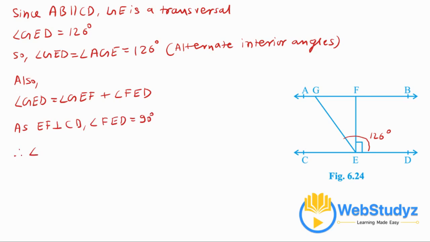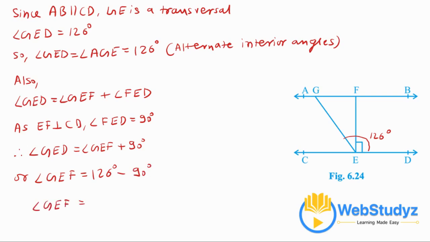Therefore, angle GED is equal to angle GEF plus 90 degree, or we can say angle GEF is equal to 126 degree, because GED is 126, minus 90 degree. So GEF comes out to be 36 degree.